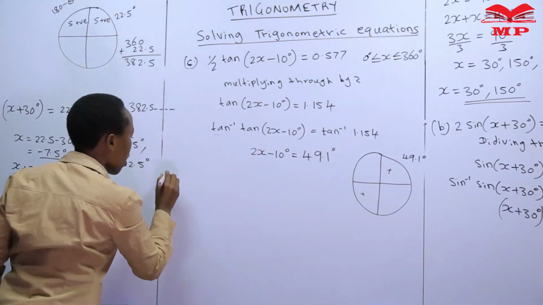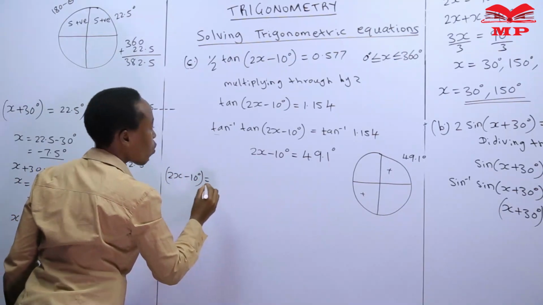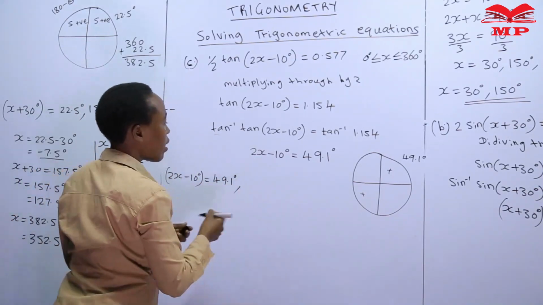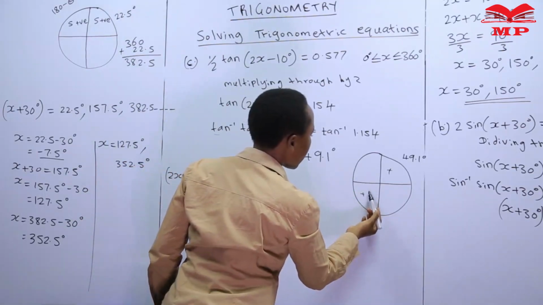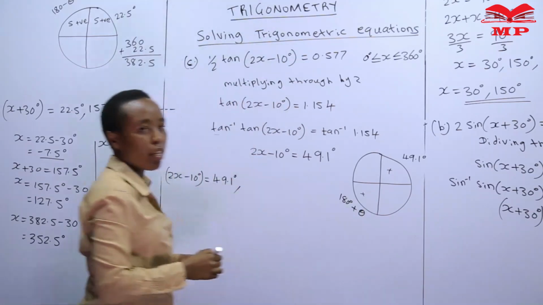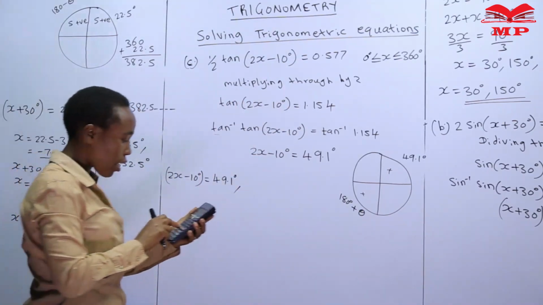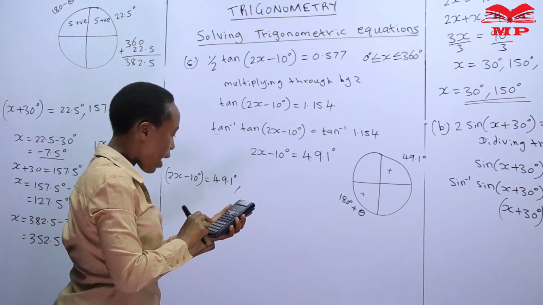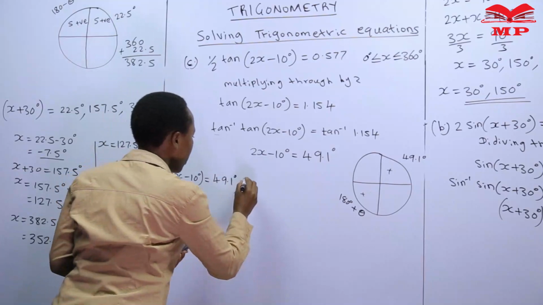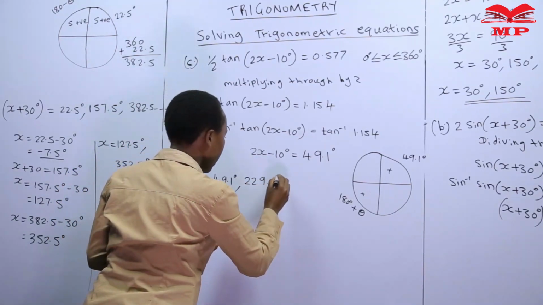So we'll have 2x minus 10 degrees equal to 49.1 degrees. Then in this quadrant, which is 180 degrees plus theta, we'll have 180 plus 49.1, and we get 229.1 degrees.